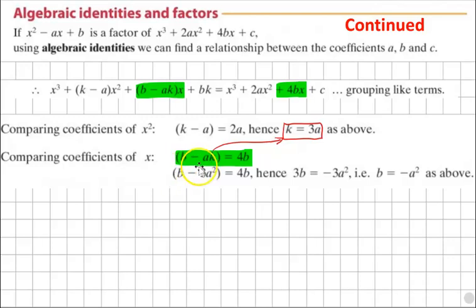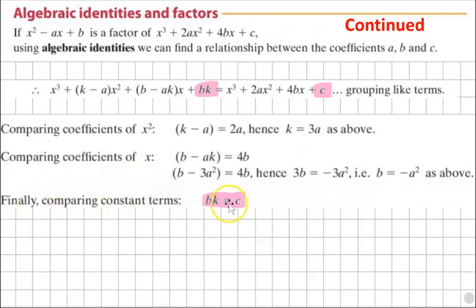So we get b minus 3a squared, because k is equal to 3a, equal to 4b. Hence 3b is equal to minus 3a squared, i.e. b is equal to minus a squared, which is the same as in the algebraic long division method.